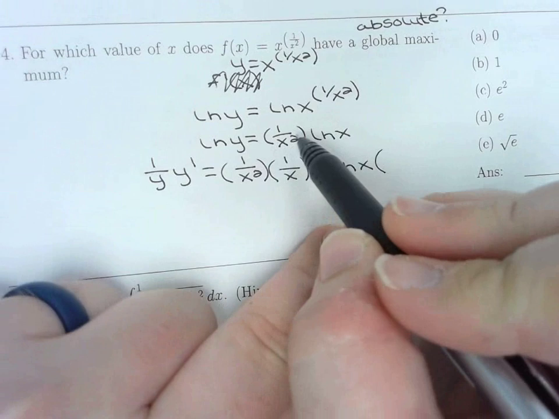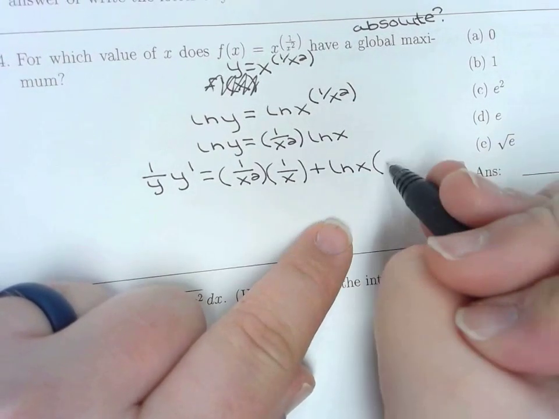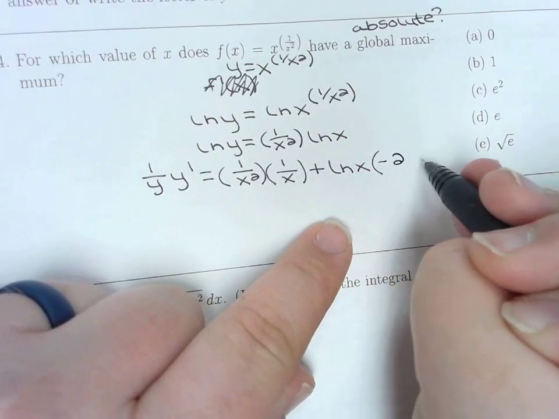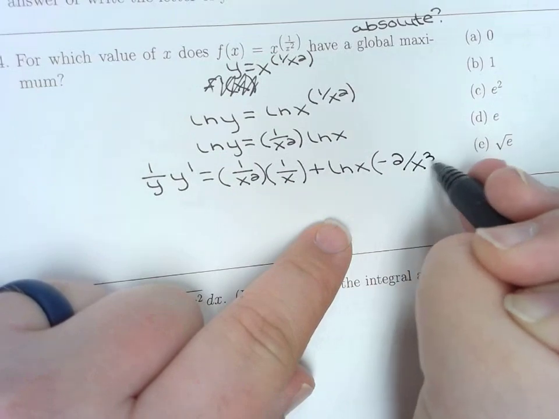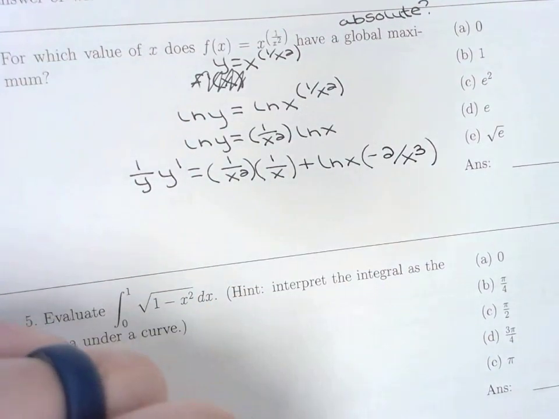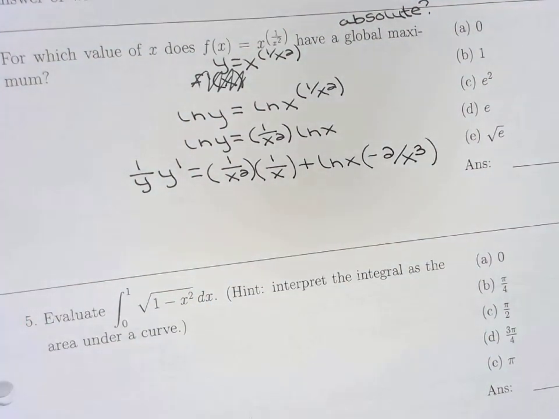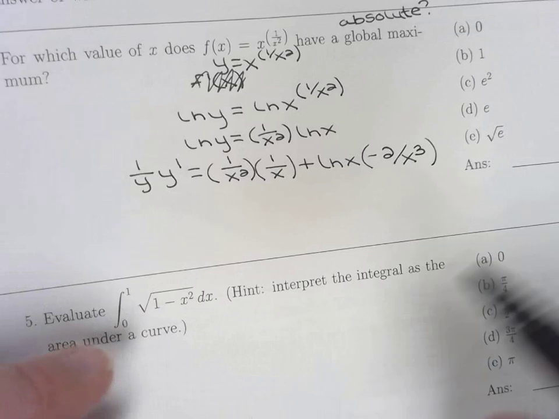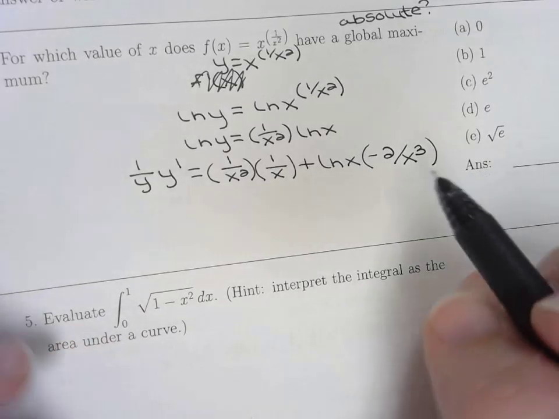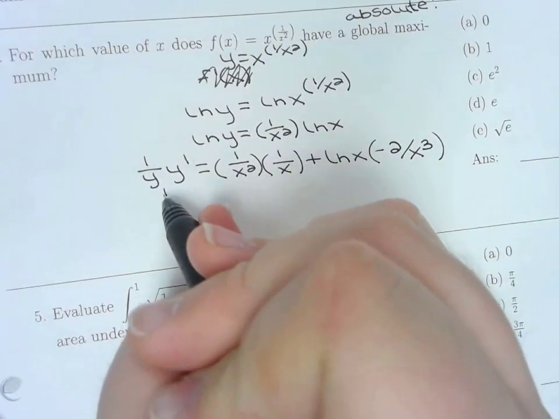So that is x to the negative second. So it's going to be negative 2 over x to the third, right? Because that becomes x to the negative second, so negative 2 out front. Reduce your exponent by 1, negative 3. Move to the bottom. Let's simplify a little bit.